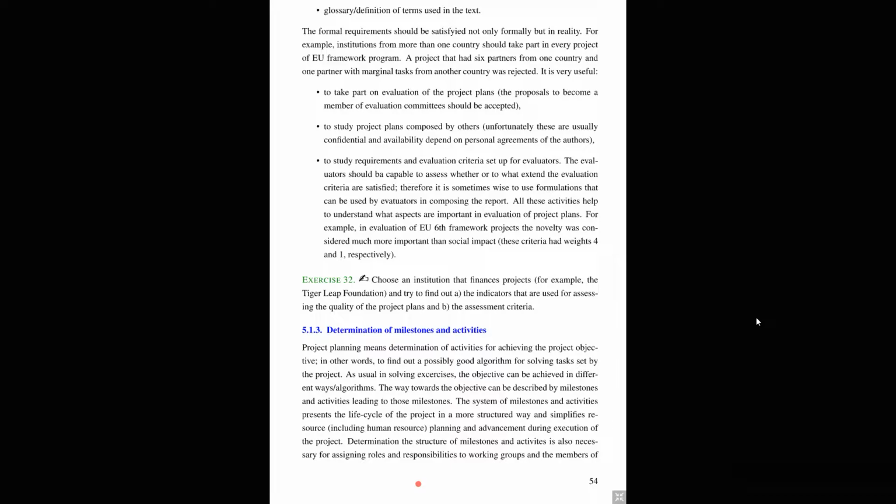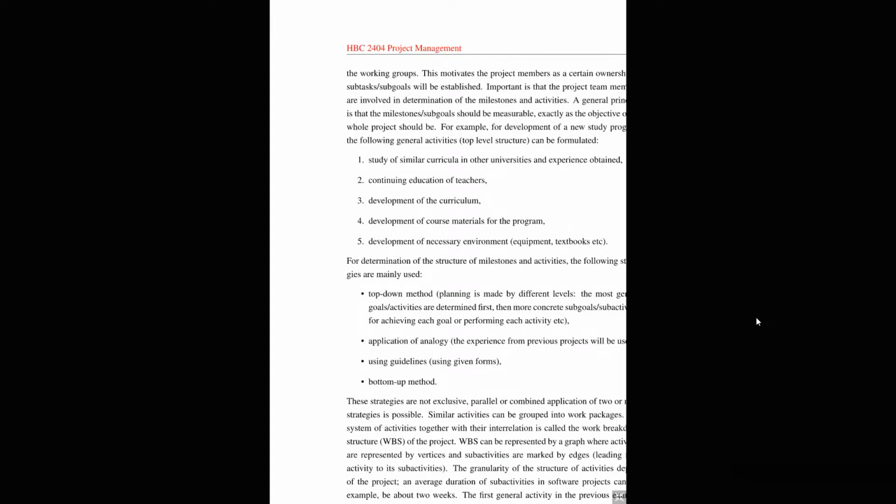Determining the structure of milestones and activities is necessary so that you can assign roles and responsibilities to various working groups and the members of the working groups.